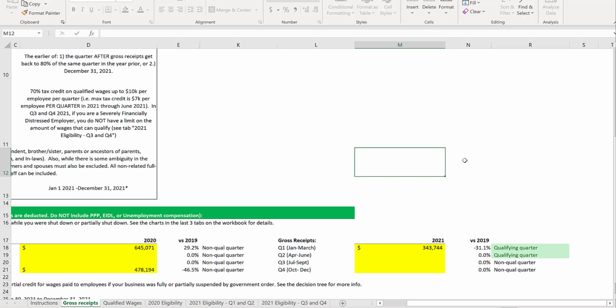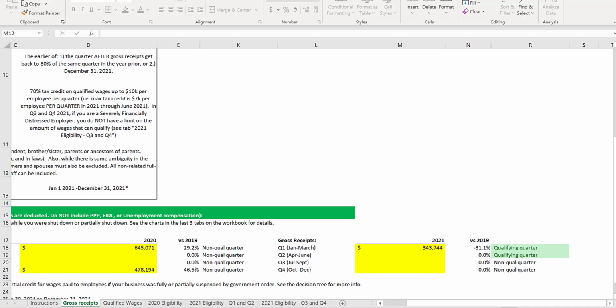And they paid January wages before they got PPP money, and then they paid February and March wages in Q1 with PPP money. All right, so the only wages that we can include for the purposes of ERTC are going to be our January 2021 wages. Those are the only qualifying wages in Q1.